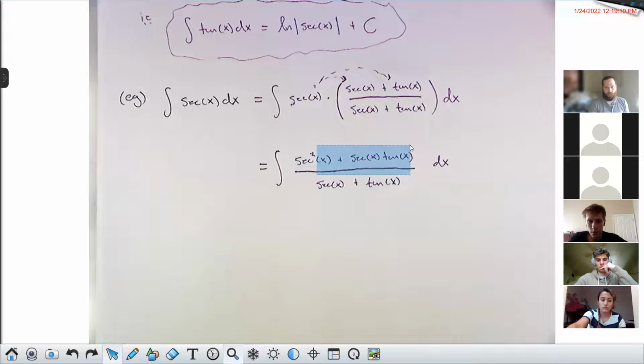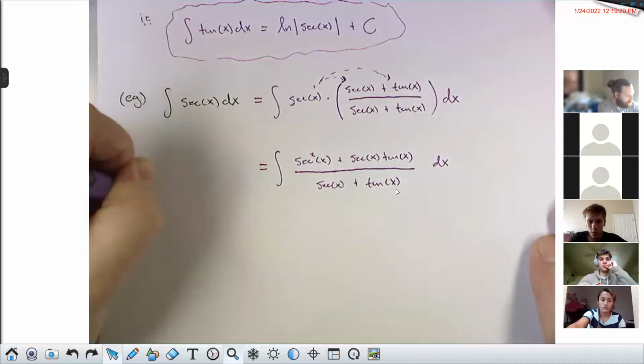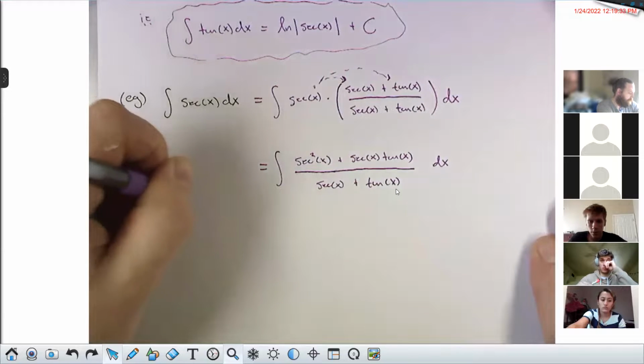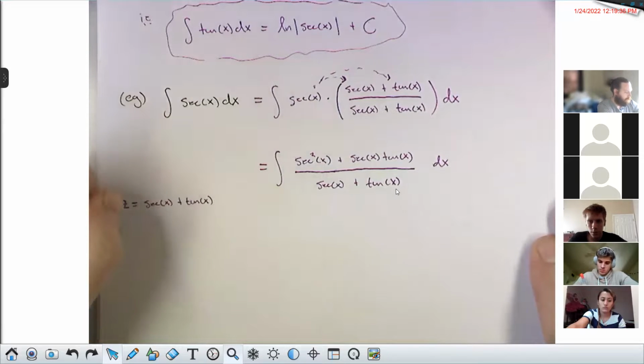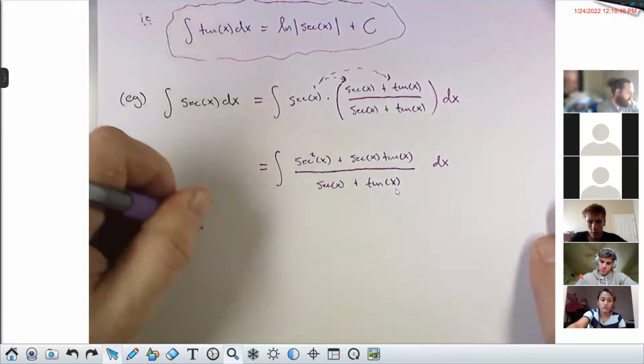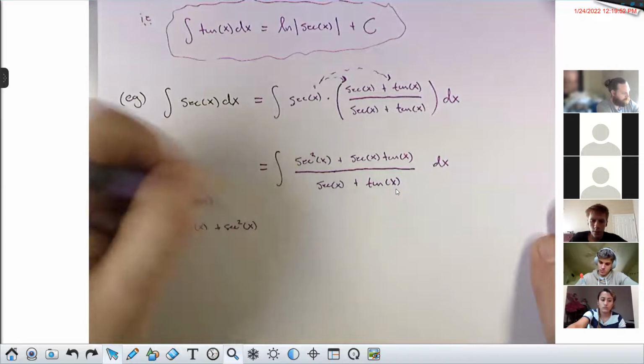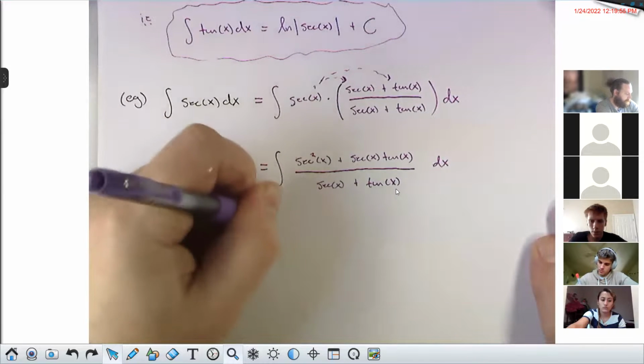In other words, if you substitute z for the bottom, similar to what we did in the tangent integral, then dz is the derivative of secant, which is secant x tangent x, plus the derivative of tangent, secant squared x, all times dx.